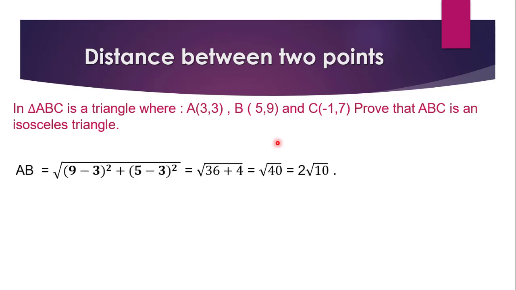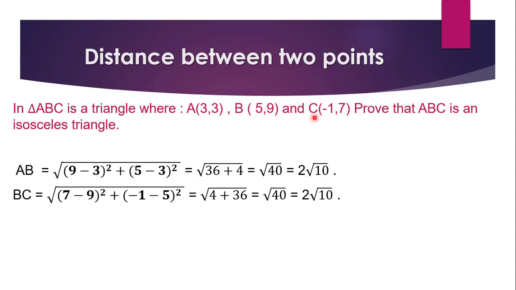So I'll begin with the side AB. 9 minus 3 all power 2 plus 5 minus 3 all power 2, and all under the square root. I'll get the first side AB equals 2 root 10. The second side, for example BC, here we have 7 minus 9 all power 2 plus negative 1 minus 5 all power 2, and under the square root, so it will also be 2 root 10.